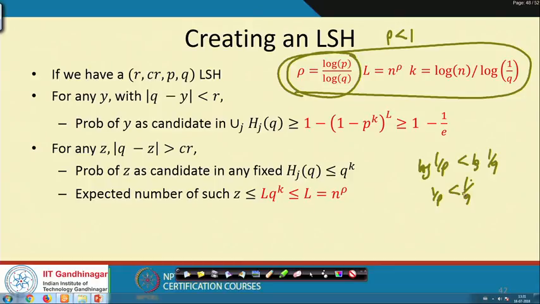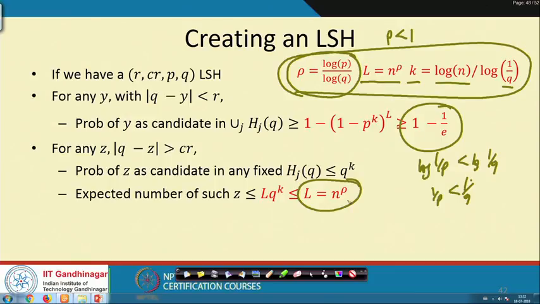Okay. So, you need to choose L to be n to the rho, and you need to choose k to be log n by log 1 by q. And if you plug in these values, you can make this probability at least 1 minus 1 by e, and you can make this expectation less than or equal to n to the power rho. This might not seem very exciting to you because it is still n to the power something, but it is a big breakthrough, because the query time is now n to the rho, which is sublinear, and it was not at all clear if we could ever make it sublinear.